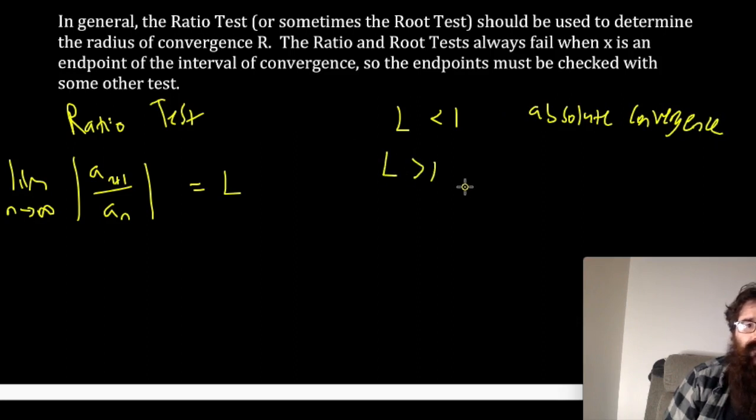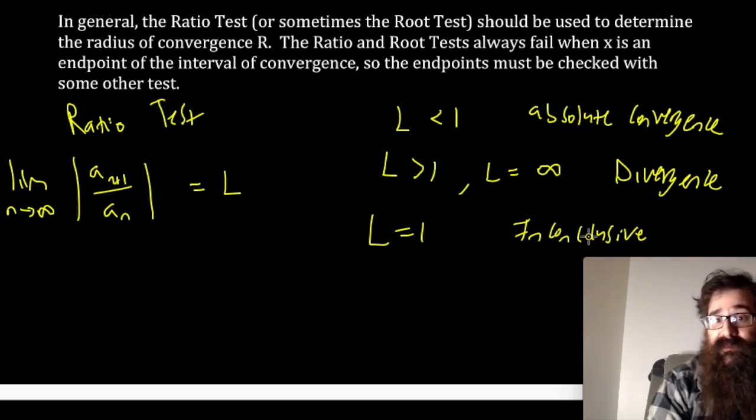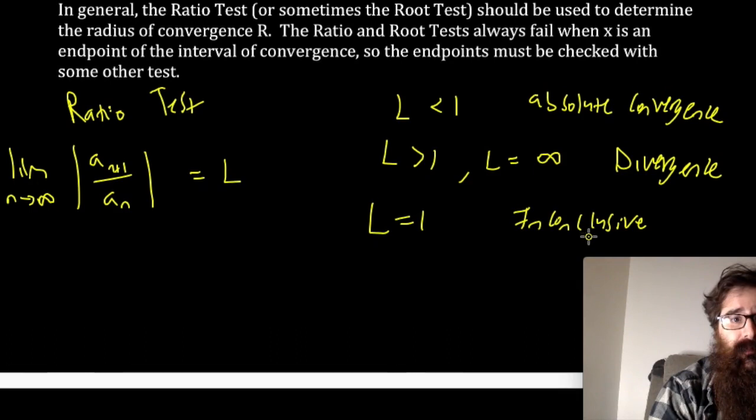If L is greater than 1, or if L is not finite, we have divergence. And if L is equal to 1, it's inconclusive. This is what we mean when we say that the endpoints are where the ratio test is going to fail. We have to check those manually with some other test.